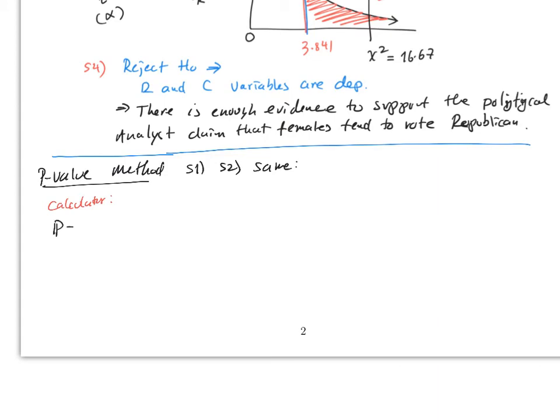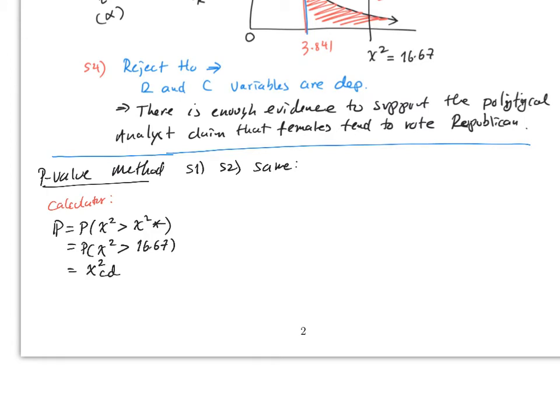The p-value, remember, is the probability that chi squared is greater than chi squared star, which in this case is the probability that chi squared will be greater than 16.67. So we use the calculator.